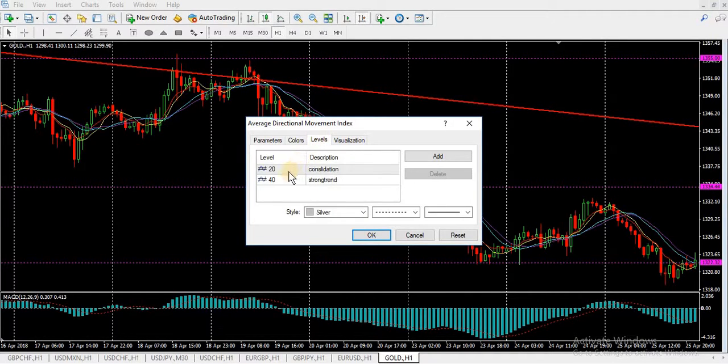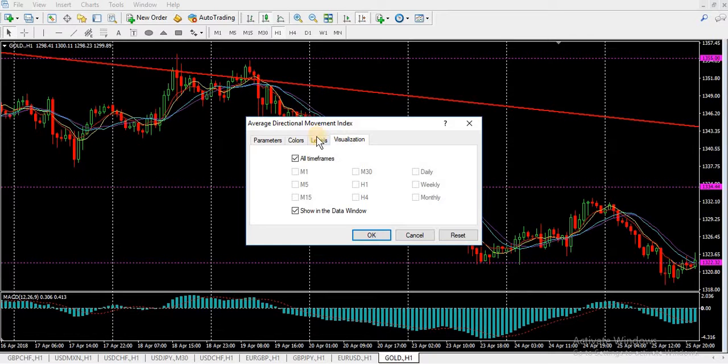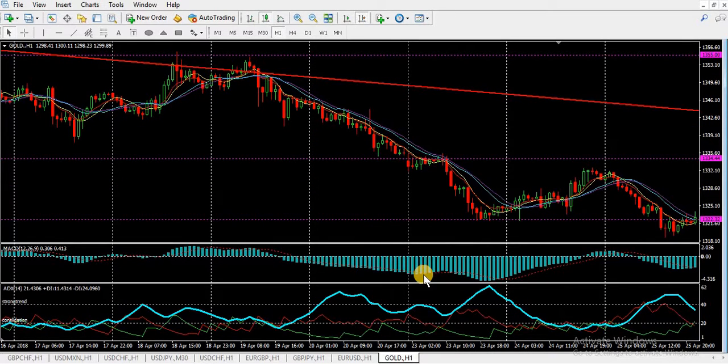The levels I added: this is 20, it's a consolidation zone, and 40 is a strong trend, for visualization. So I'm going to insert this, and this is how it looks.